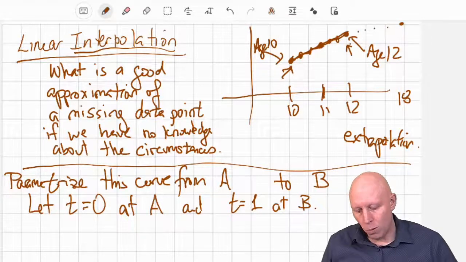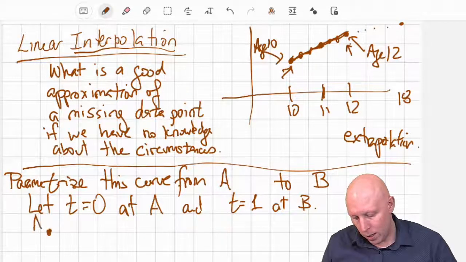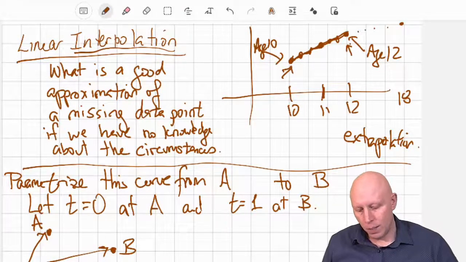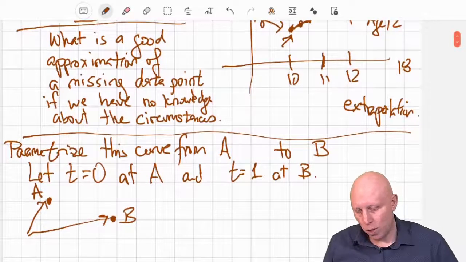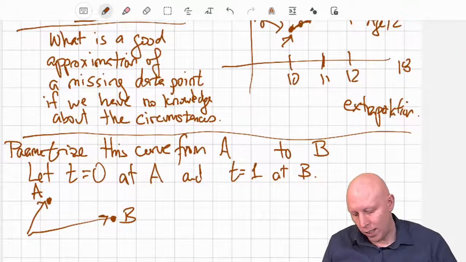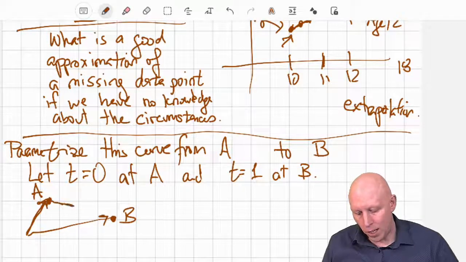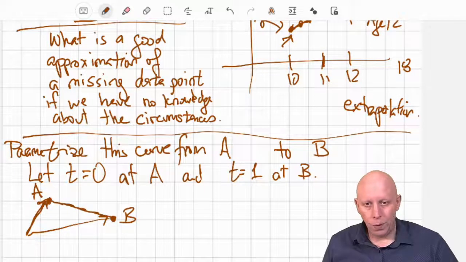Then we've got our point A and we have our point B, and we're thinking of these as vectors. What we want to do is take a linear combination of these two vectors so that we stay in the line between them.